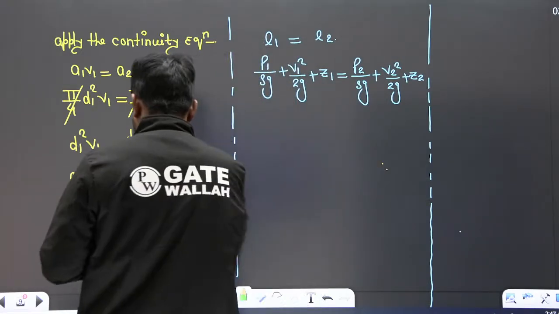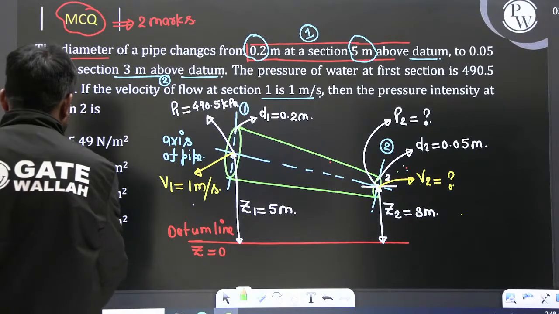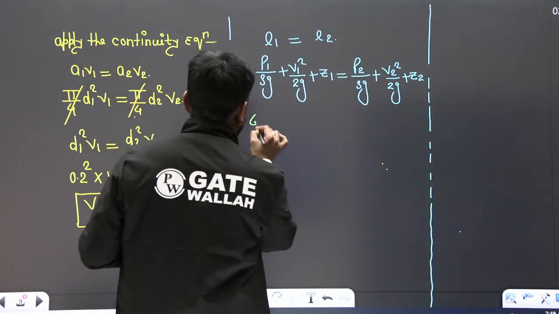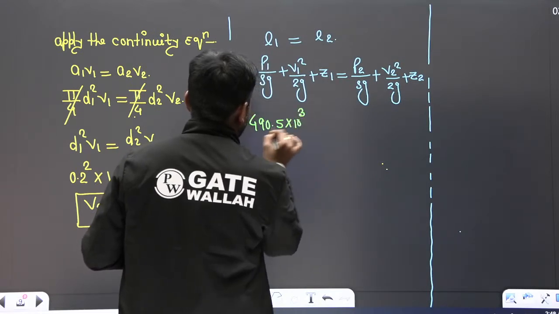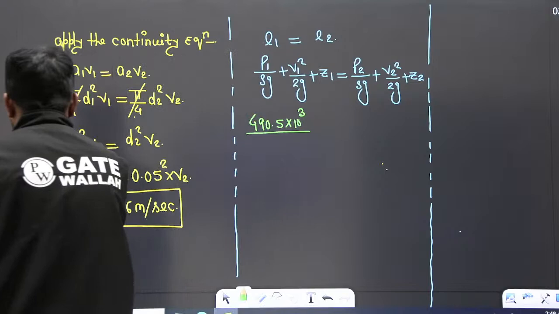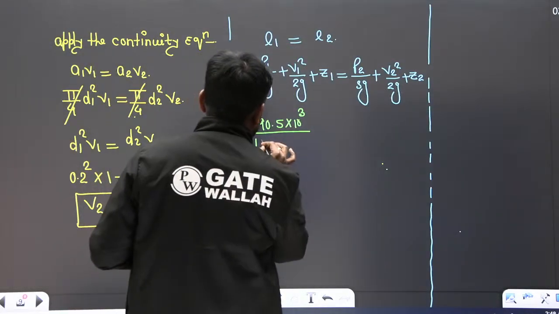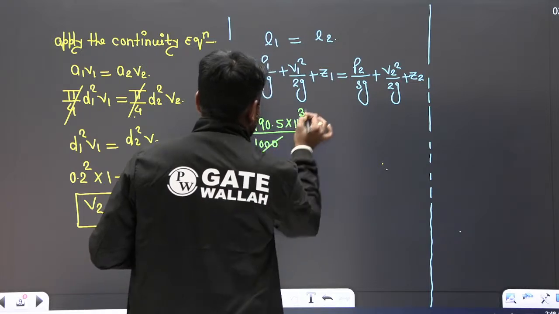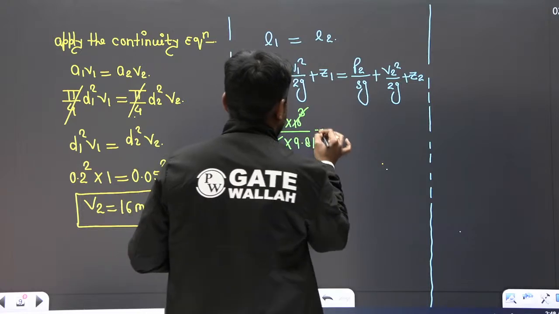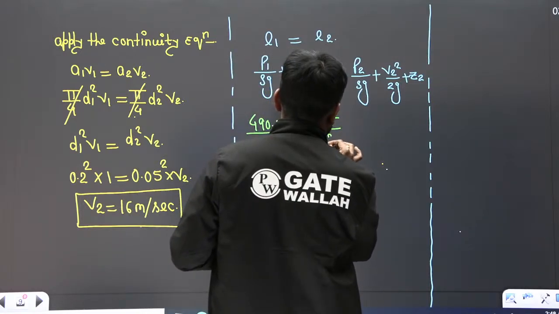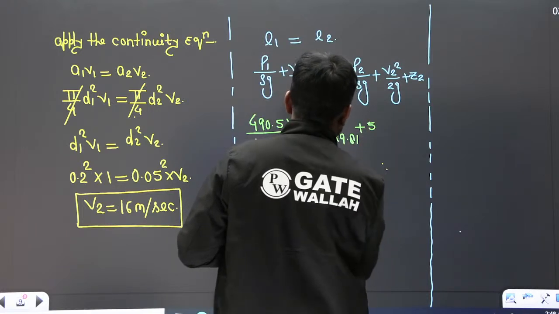So what about P1? P1 is given as 490.5 kPa, or you can write it times 10 to the power 3. And the fluid is given as water, so the density of water is 1000, and this is going to cancel out, with g equal to 9.81. Plus V1 square, that is 1 square divided by 2 into 9.81, and Z1 is 5.